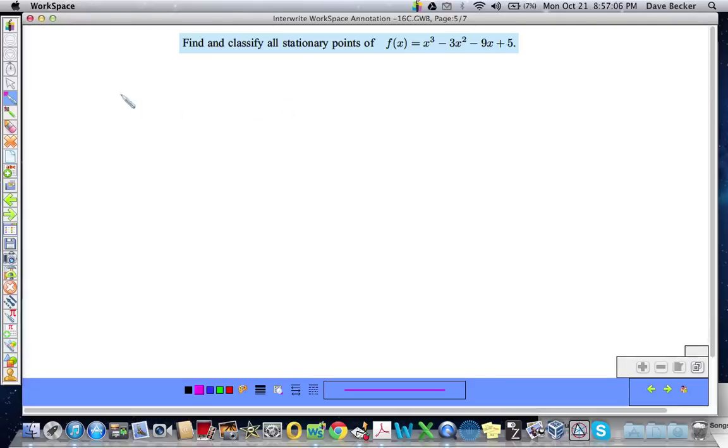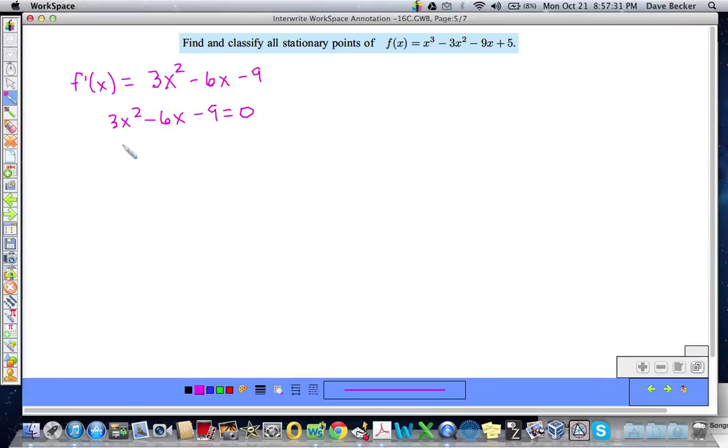All right, so let's give this a whirl as far as being able to tell this without any pictures, just using calculus and algebra. So first we're going to need to take the derivative and set it equal to 0 to find where the critical points are. So the derivative is going to be 3x squared minus 6x minus 9. And I'm going to set that equal to 0 and solve.